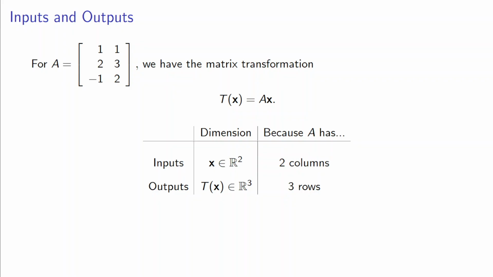So the number of columns tells us the dimension of the input vector, and the number of rows of A tells us the dimension of the output vector. So if we use our standard notation for functions, this function T takes vectors from R2 to R3.